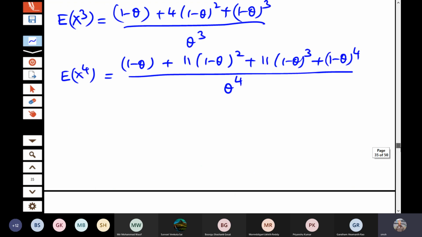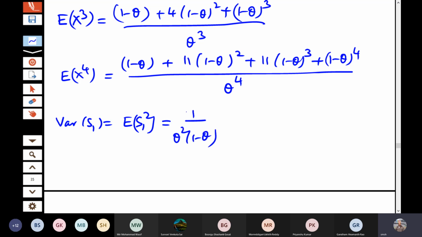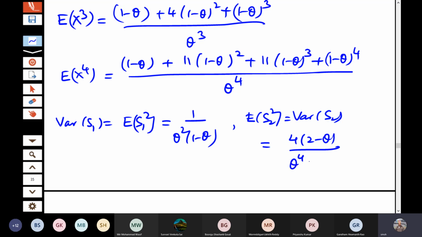So we need here the variance of S1, that is 1 by theta square into (1 minus theta). This we have calculated for RCLB also, so I am just rewriting that. And the variance of S2 is equal to 4 (2 minus theta) divided by theta to the power 4.